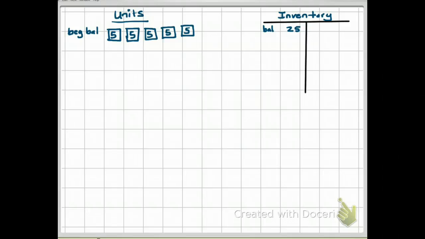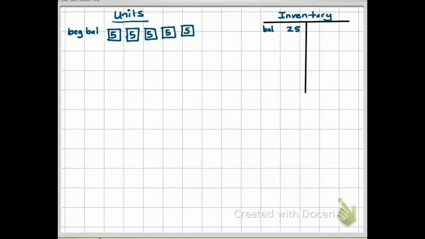We're going to take a look at a company that has 5 units of beginning inventory. The 5 units are represented by these 5 boxes, and those 5 units have a cost of $5 each. So the balance in the beginning inventory is $25. Next, we're going to take a look at the inventory transactions this company had during our accounting period, which is the month of January.